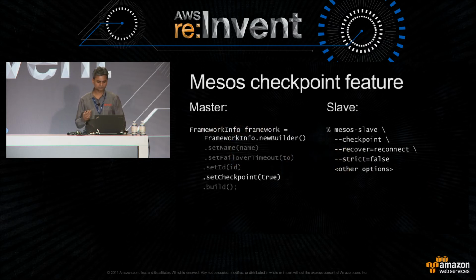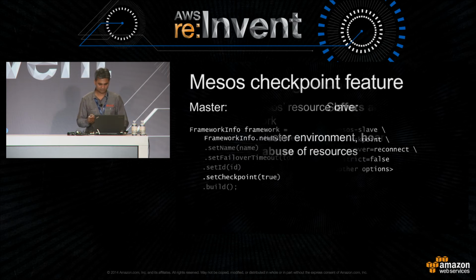There's a checkpointing feature that Mesos also provides, where a slave daemon restart can connect to the tasks that are already running. You would almost always use this feature unless you're testing. I can't think of a reason why you would not.